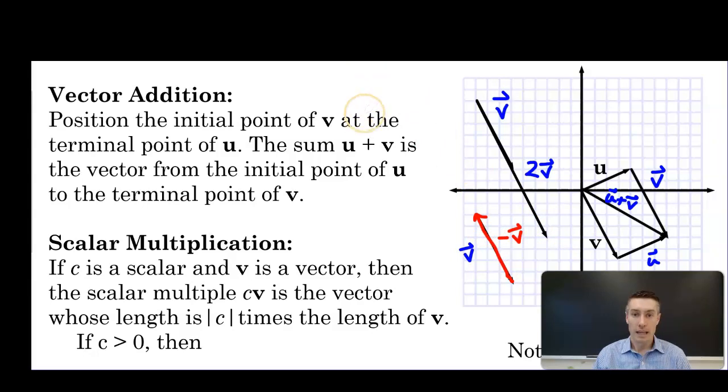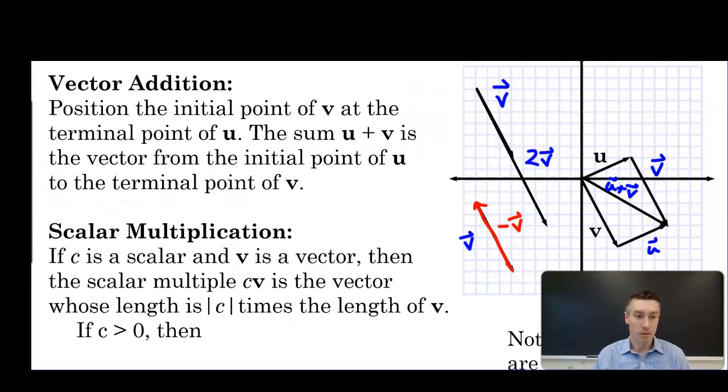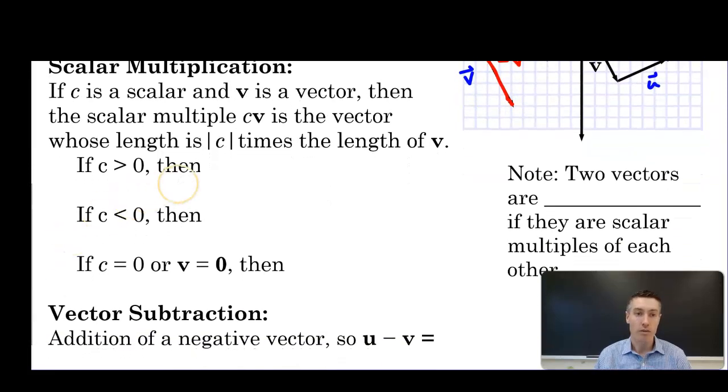Okay, so scalar multiplication, if the scalar is positive, it's going to be in the same direction. If the scalar is negative, the vector is going to point in the opposite direction. So that's what our cases down here are defining. So if c is greater than 0, then cv will be in the same direction.